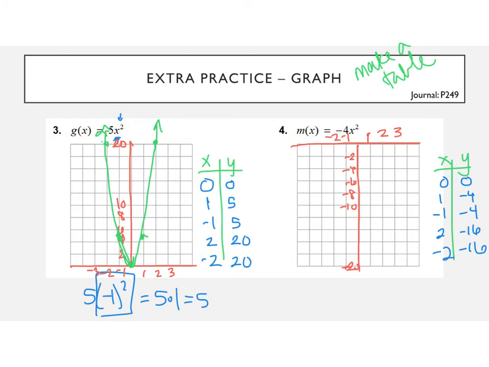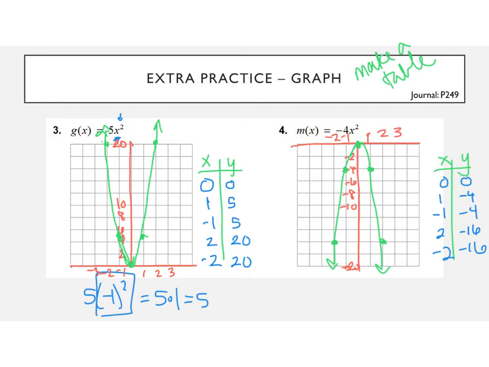Okay, so if you graph those, we got (0, 0), (1, -4), (-1, -4), and then (2, -16), and (-2, -16). And when you draw this one, it now opens down. And remember what I said earlier, it's going to open down because your leading coefficient right here is negative. And over here, this one opened up because your leading coefficient was positive.